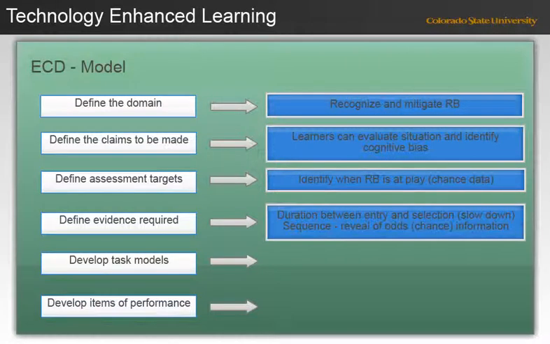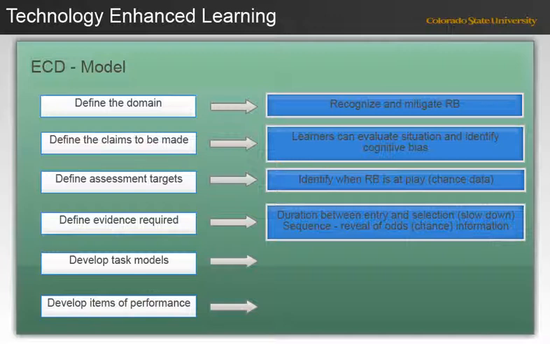So we started to think critically about the evidence that we would require. First, we wanted to look at the duration between the time that they entered a situation and their selection. So we wanted them to slow down and analyze a situation, see what was going on, see what information was in that situation, and then make decisions.